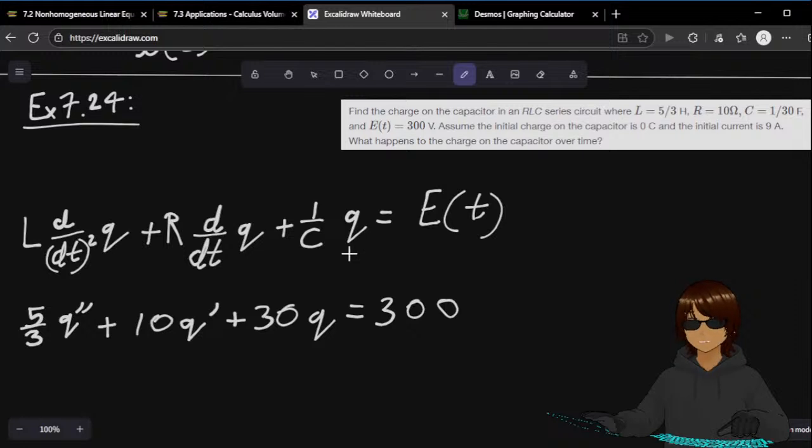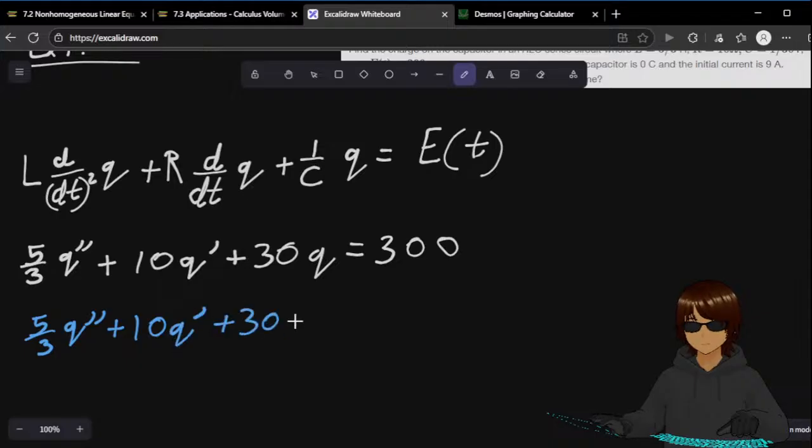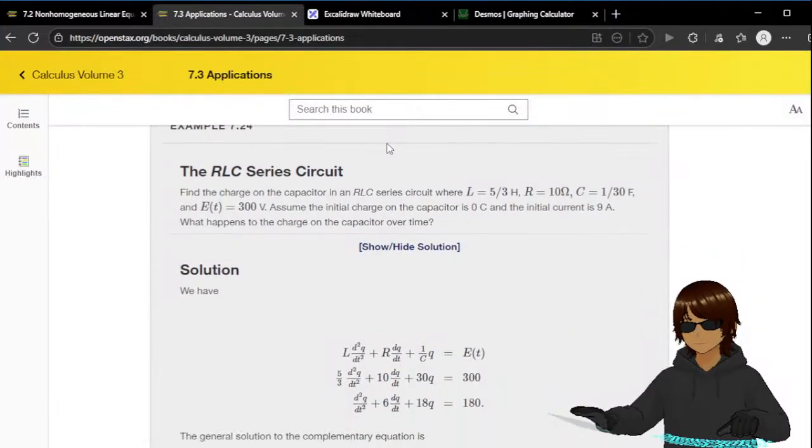Then what is, then they want, we need to find this, right? Hold on. Oh yeah, they divided it.